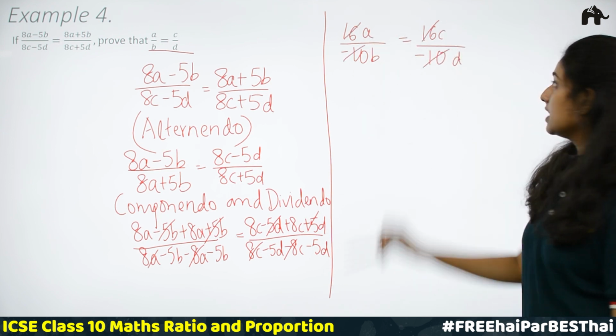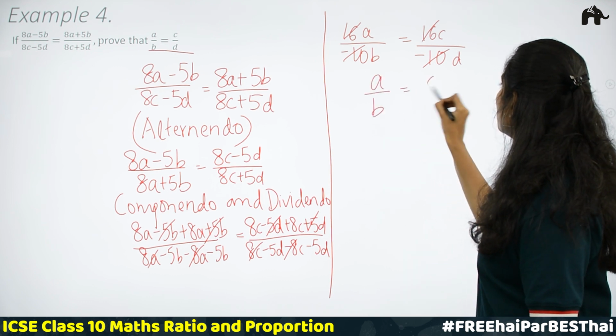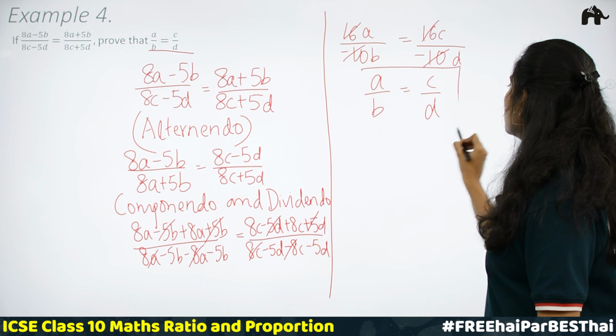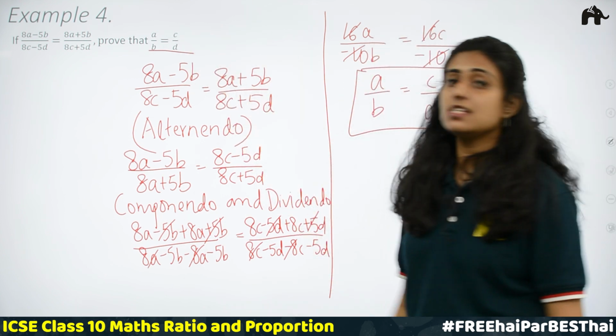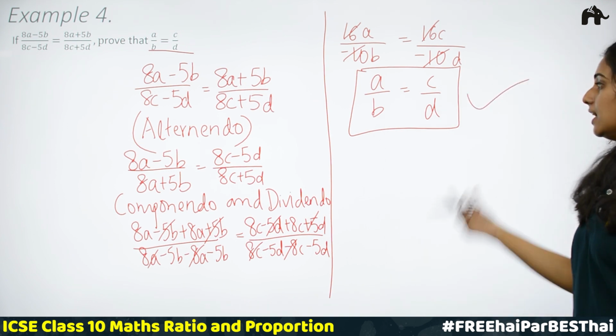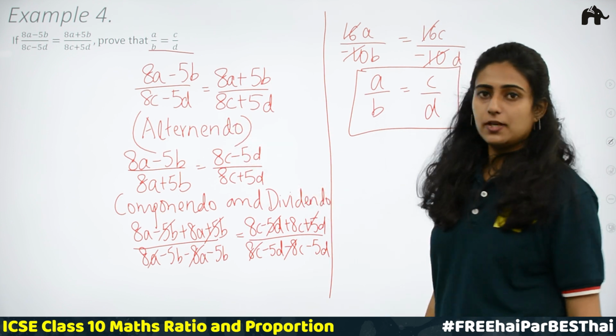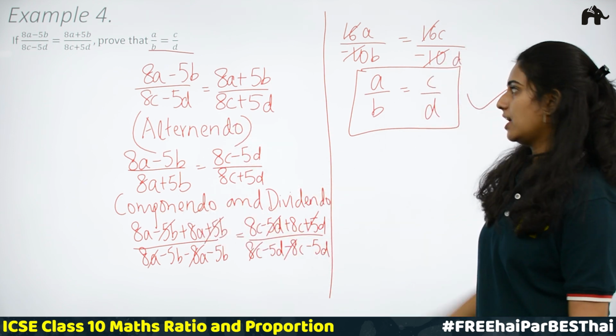Minus 10 can be cancelled. We get a by b is equal to c by d. Hence the proof. Okay. We had to prove that a by b is equal to c by d. We got a by b is equal to c by d. Here we have used the alternando property first and then the componendo and dividendo property to simplify this question.